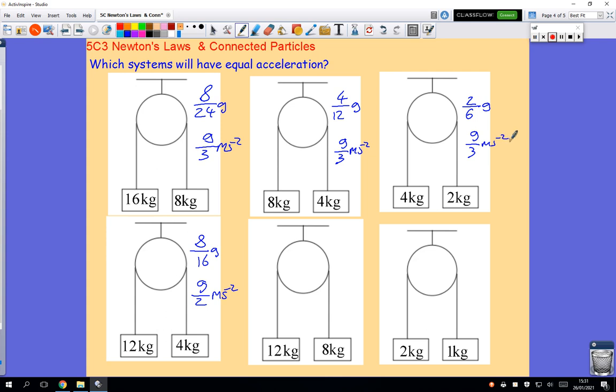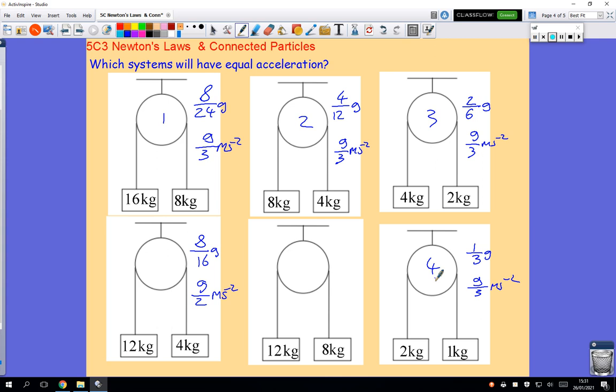And if you looked at this one down here, you'd find that you would get 1 over 3 g, which is, of course, g over 3 meters per second squared. So all of those four, here 1, 2, 3, 4, will have the same acceleration. So what do they have in common?